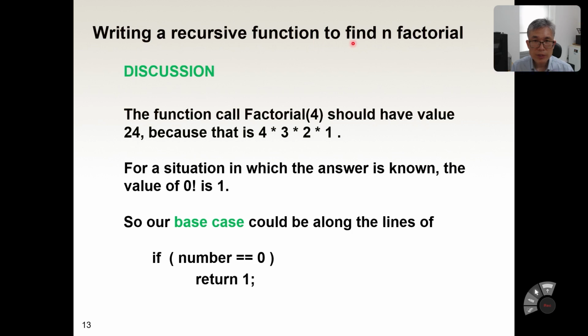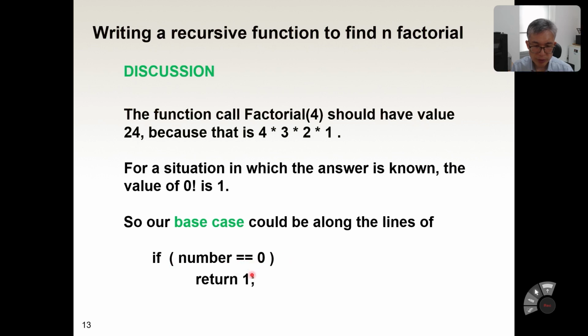Writing a recursive function to find n factorial. Okay, so we can call the function factorial 4 times, 3 times, 2 times 1. Okay, so for the situation in which the answer is known, the 0 factorial case is 1. So our base case could be along the lines of number equal to 0.